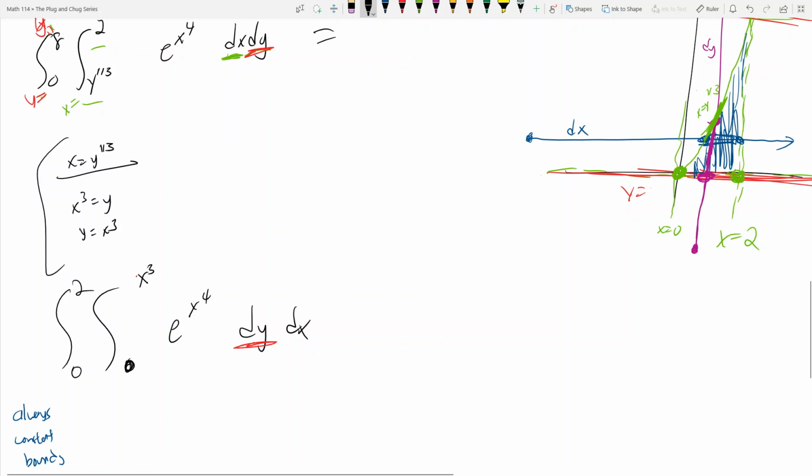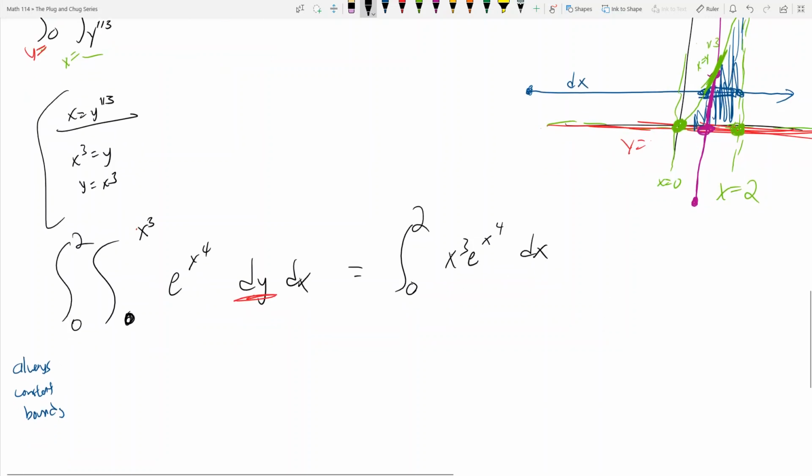This actually becomes a lot easier to integrate because, look, when I integrate this guy with respect to dy, it simply becomes the integral from 0 to 2 of x cubed e to the x to the 4th dx. If you integrate the y guy, the x cubed just comes down from the integrand.